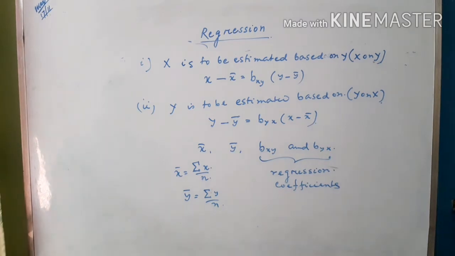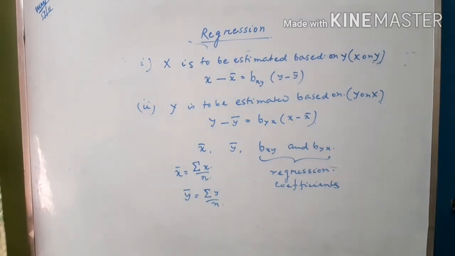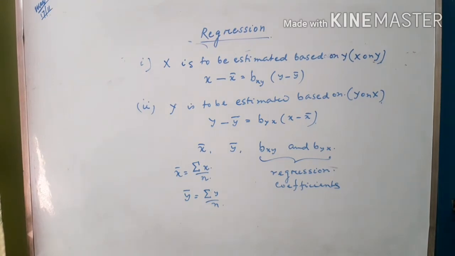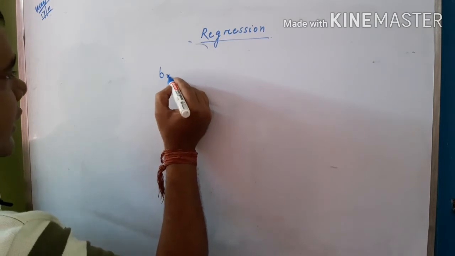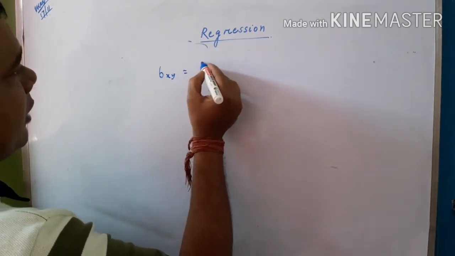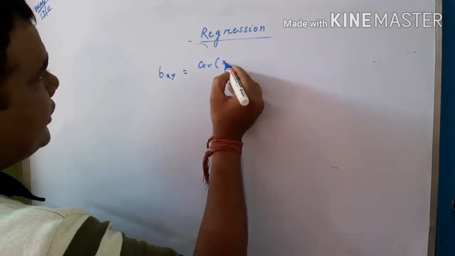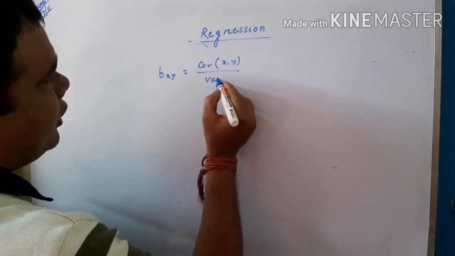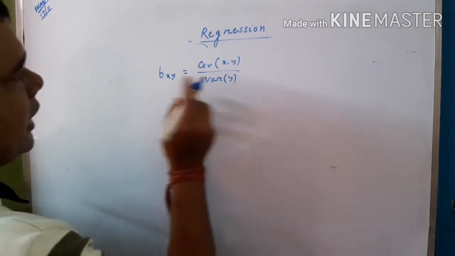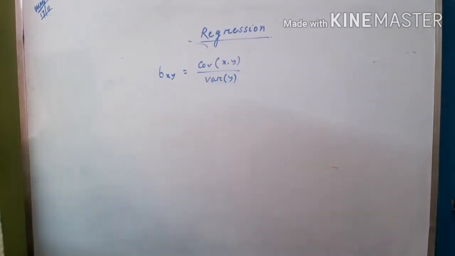Now we need to know how to find out the value of both regression coefficients. Now see, bxy is calculated by the formula covariance of xy by variance of y. Clear? See that y is coming in the denominator.